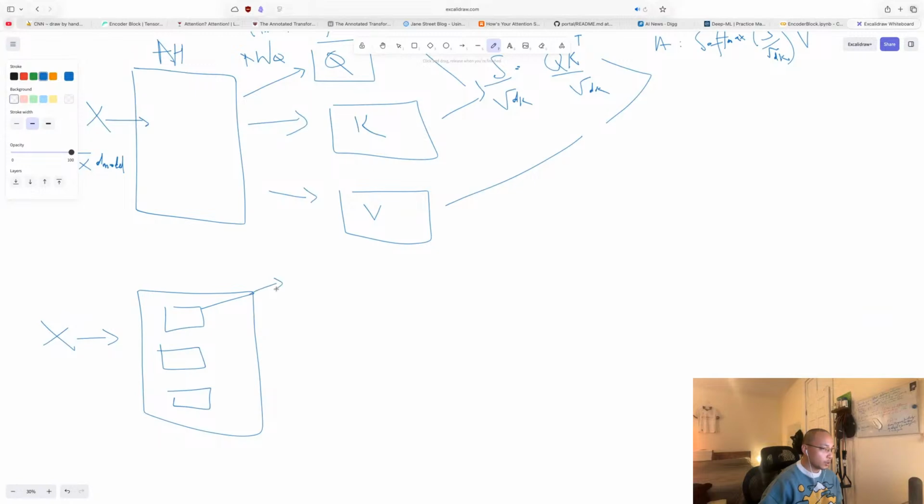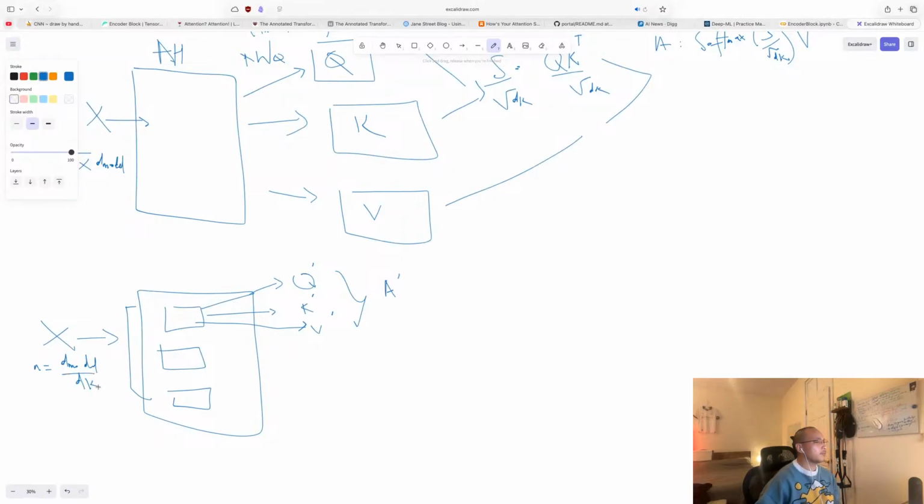Like that it would create their own kind of query matrix, key matrix, and value matrix, and give us their own attention score, and the number of heads is given by d model divided by dk.